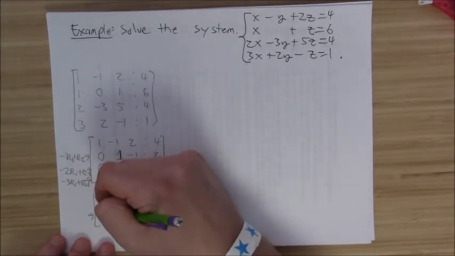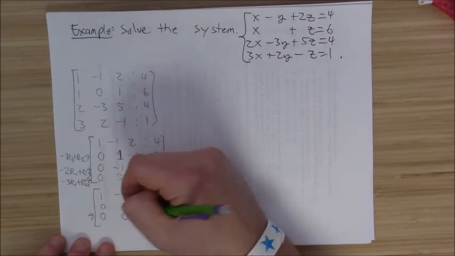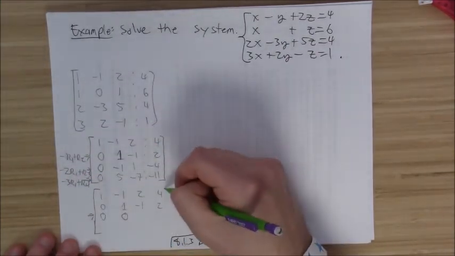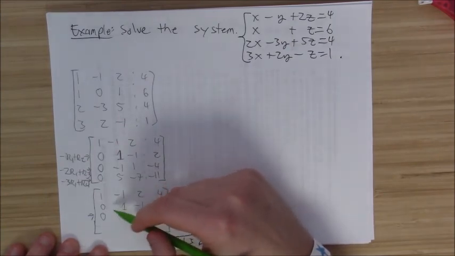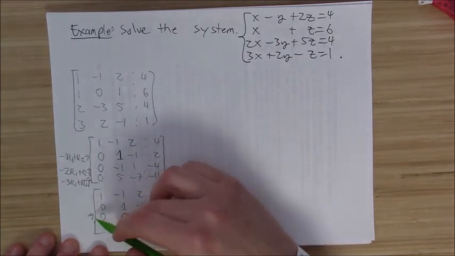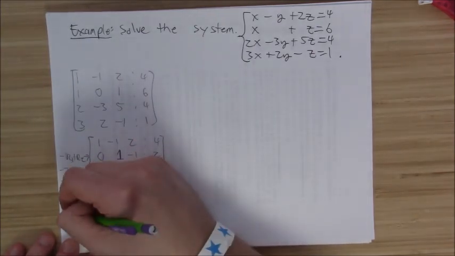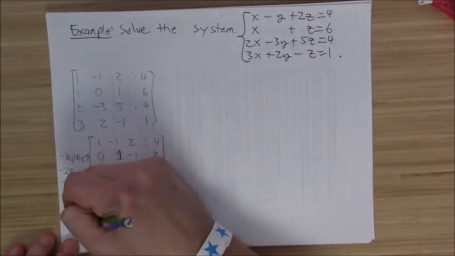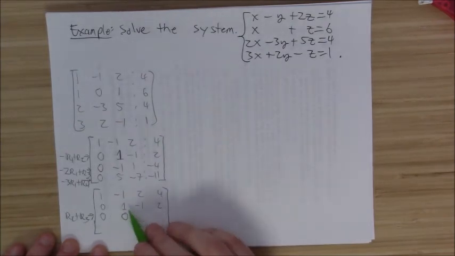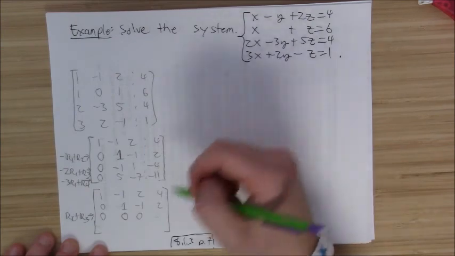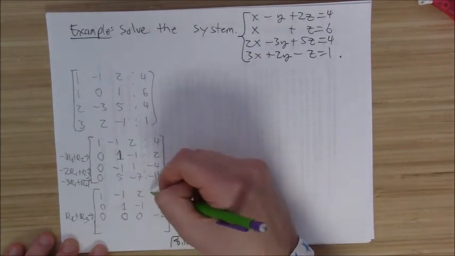So here, to eliminate this, to make this a 0, we would need to add row 2 to row 3 to get a new row 3, which would create a 0 there. Adding there, we get a 0, and adding there, we get a -2.